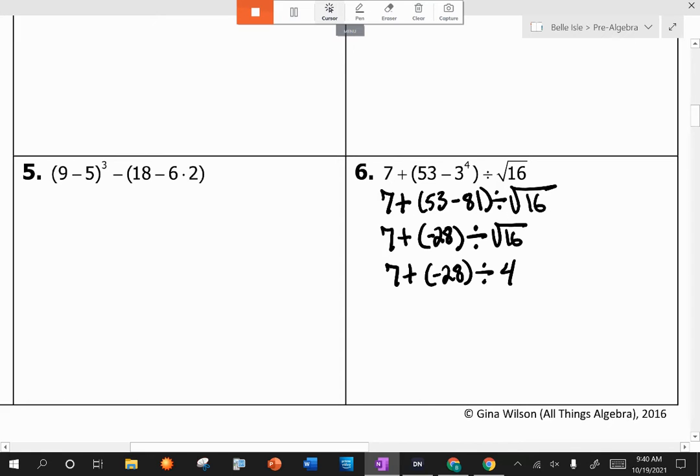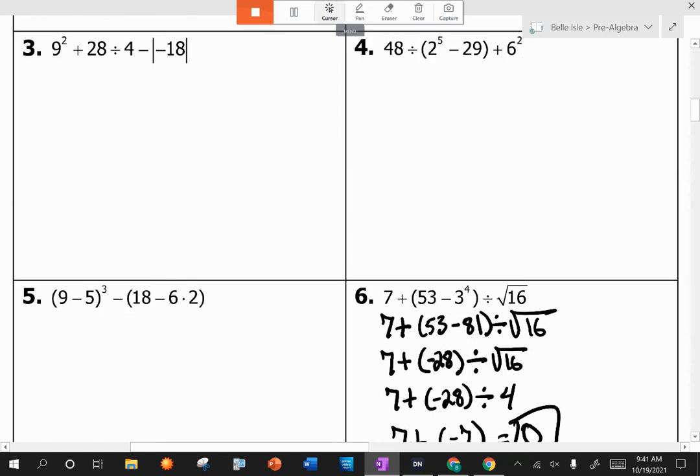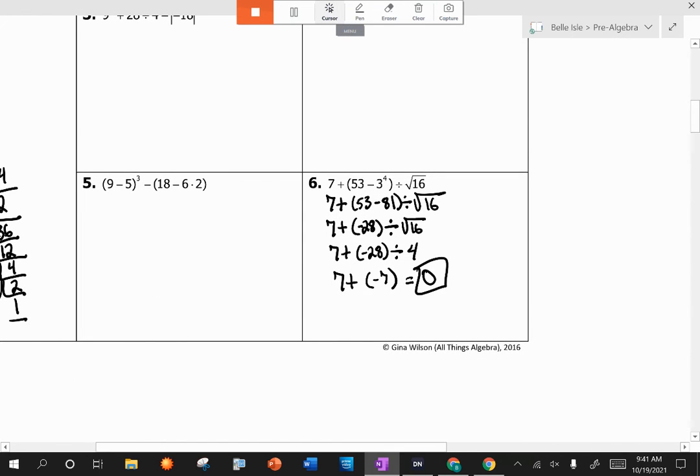Okay, so what is negative 28 divided by 4? It is going to be negative 7. What is 7 plus a negative 7? 0. Good. All that work for a 0? 0 is just as important an answer as anything else.